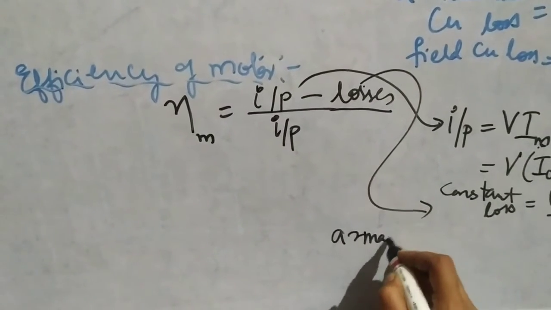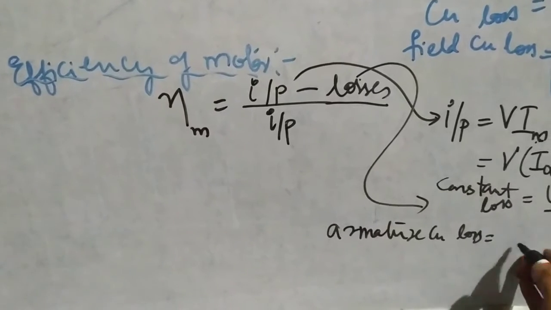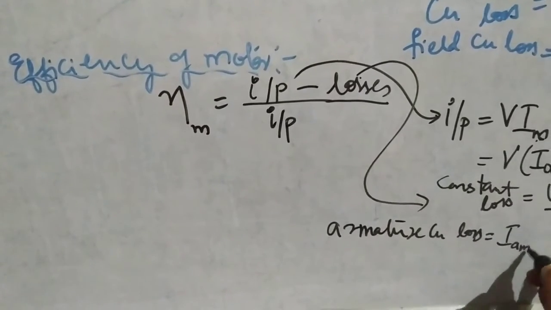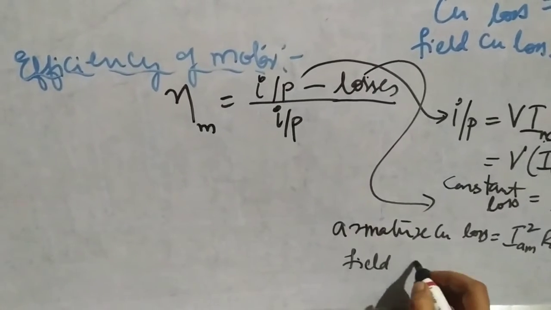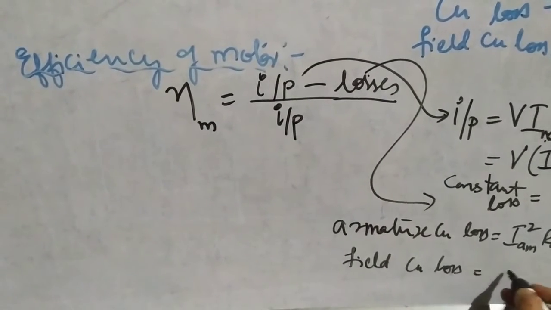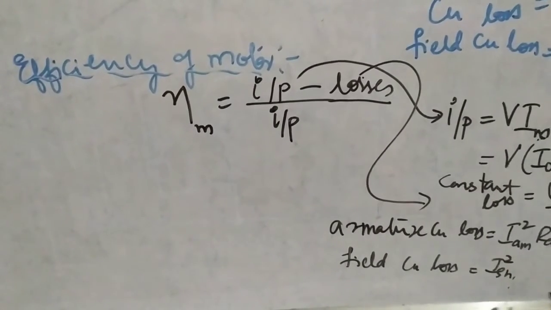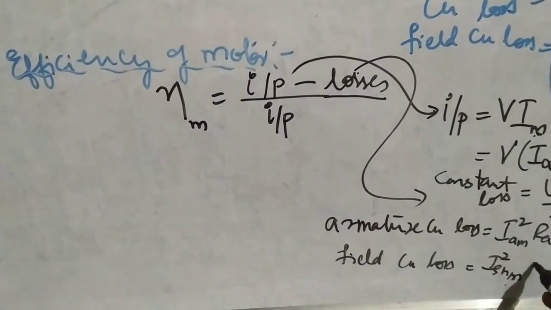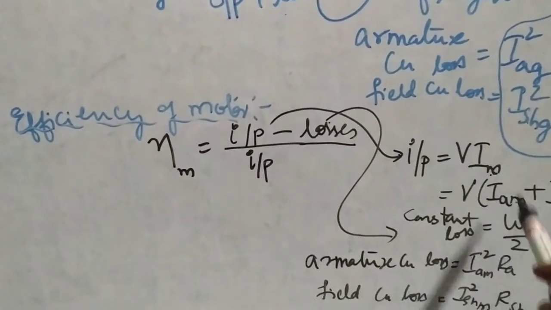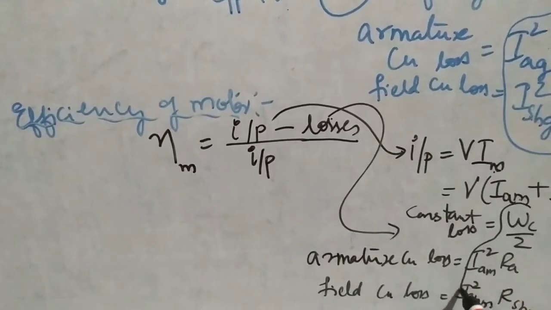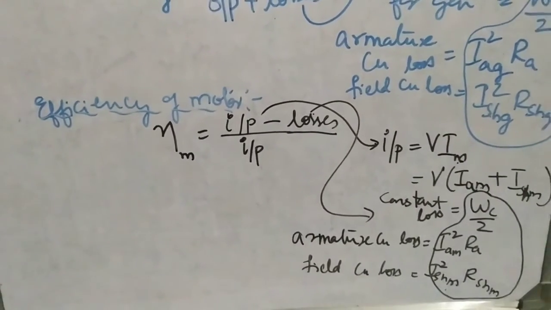Again armature copper loss: IAM square into RA. Then field copper loss: I shunt M square into R shunt M. So all these three things we have to add up. That gives you the total losses.